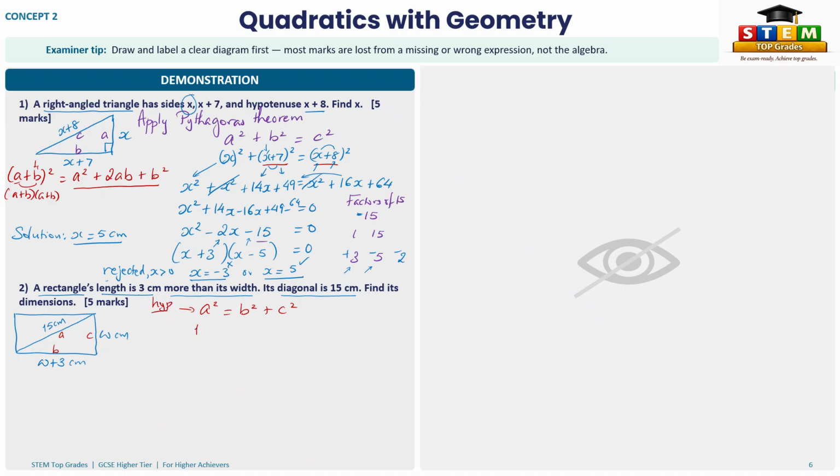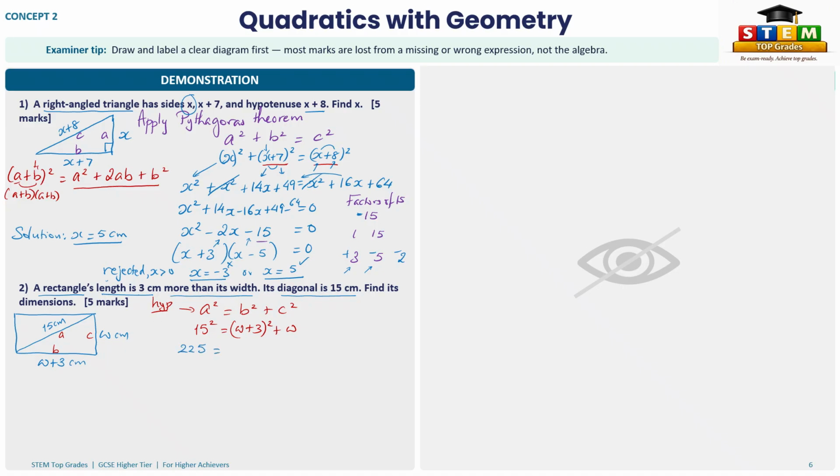So we got 15 squared equals, A is 15, B is W plus 3 squared, and C is W. So let's expand these terms. That gives me 225.